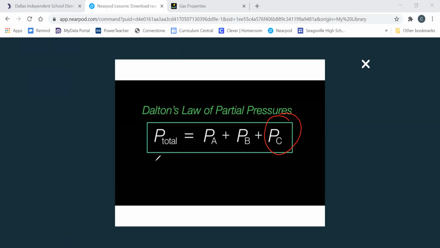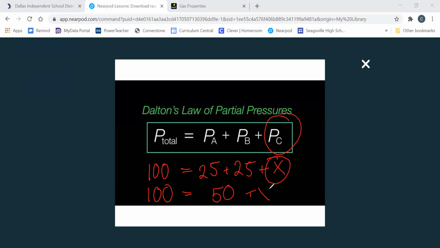Let's say they gave me 100, the total is 100, and my missing letter, which is C, is X. So the only way I can solve for X, the missing letter, is to subtract. Because they're being added, I have to do the opposite.